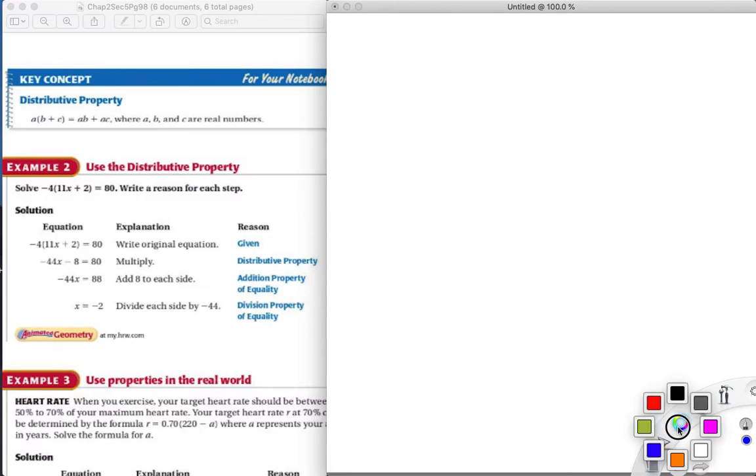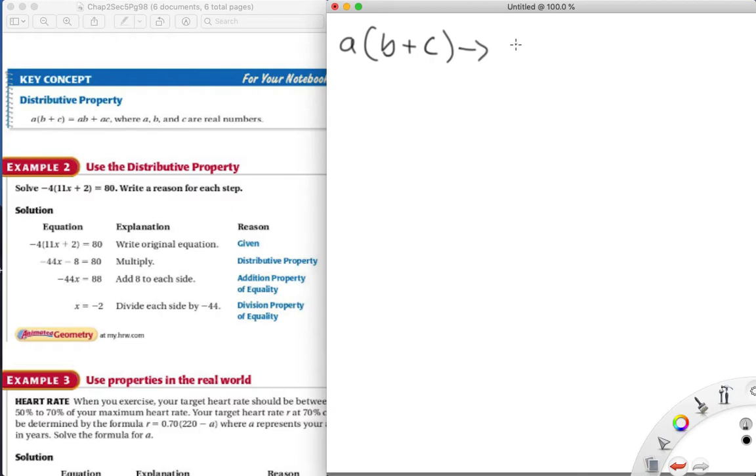So the distributive property: A times the sum of B and C, then I can have multiplication across addition. Same thing with subtraction.